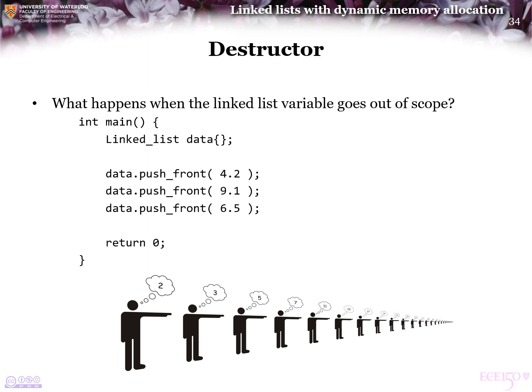All of the other nodes have still been allocated and are still sitting there occupying memory, except now that the list head has gone out of scope, we no longer have the address of the first node. If we don't have the address of the first node, we don't have the address of the second, and so on and so forth ad nauseam. Consequently, we have a serious memory leak going on.